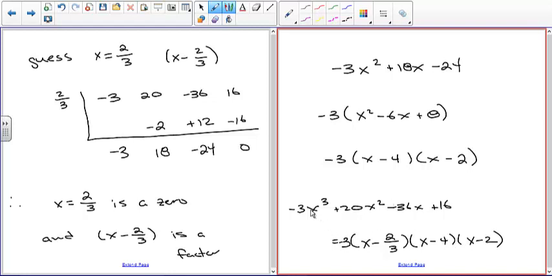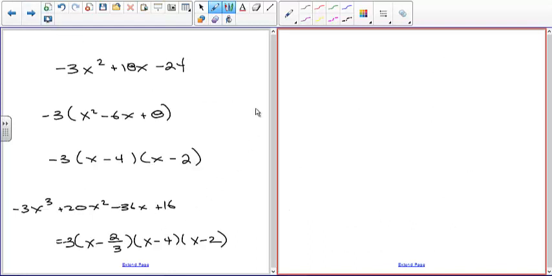So this third order polynomial can be factored. There are 3 factors, and there are also 3 zeros. The zeros would be x equals 2/3. You set that equal to 0 and solve for x. The second one would be x equals 4, and x equals 2. So those are zeros. They're also the x-intercepts.